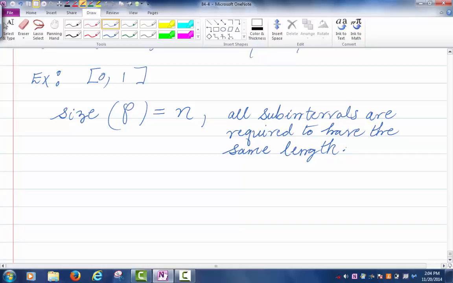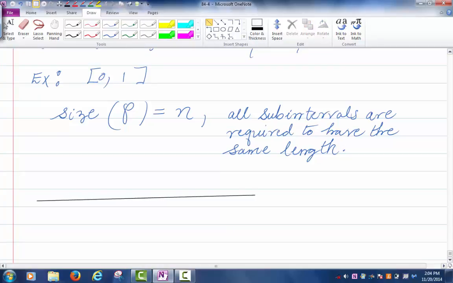Okay? My question is, can you come up with the partition points? So let's see if you can. Again, the partition is required to have size n, and all the subintervals must have the same length. And our job is to come up with the partition points.